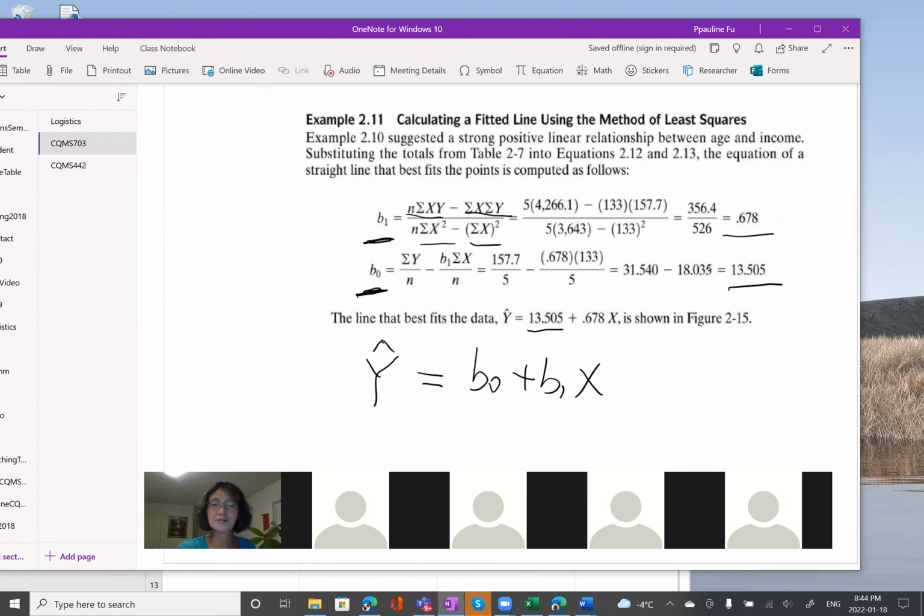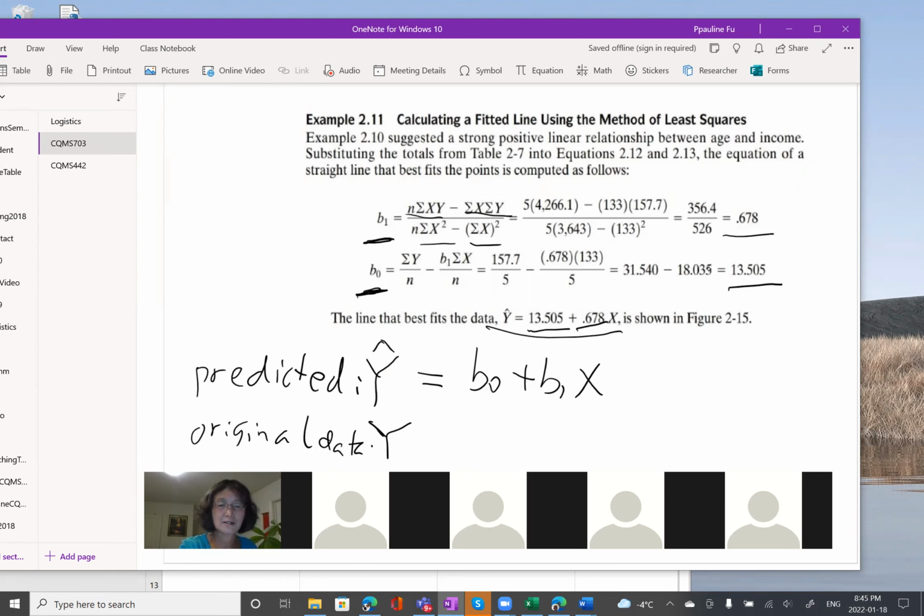Plug in B0 13.5, B1 0.678, and you get this equation. Why do we use y hat? Because y hat represents predicted y, and y itself is the original y, the original data set.